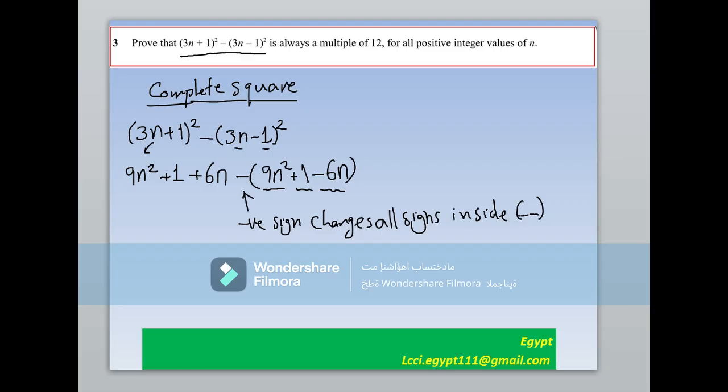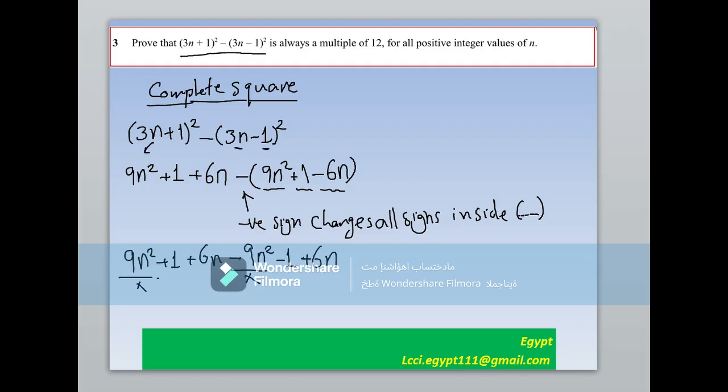So the first term doesn't change, but the second will be negative, and the third will be positive. Look carefully, this term and this term, you may say they are like terms, but opposite sign.